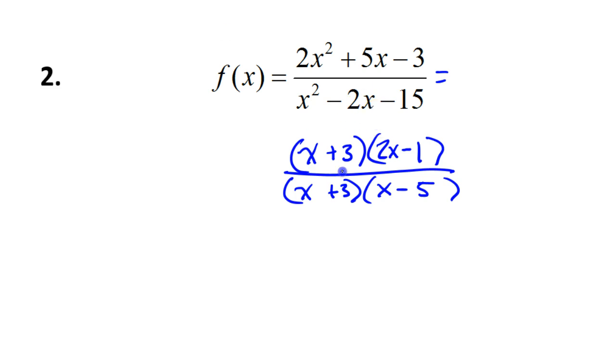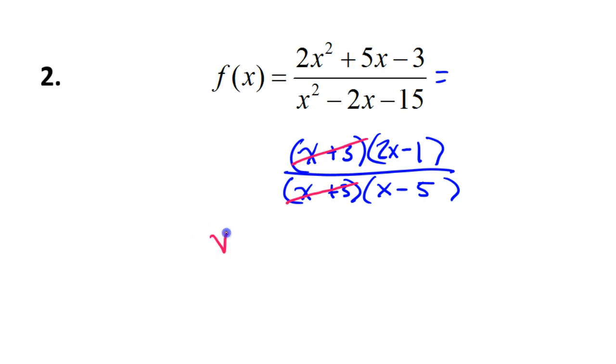So normally, I would have two vertical asymptotes, one at x equals negative 3 and x equals positive 5. But as you just saw a moment ago, when a wannabe vertical asymptote gets canceled out, it's not going to be a vertical asymptote anymore. It is going to be a hole. So, asymptotes.